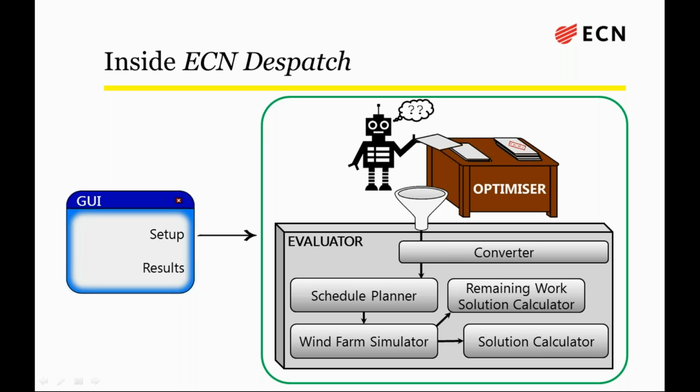And that's what the remaining work calculator does. It looks at the future weather forecast and tries to plan all of the service orders not completed on the first day during that time and estimate how much they would cost. And those things are provided back to the optimizer, as I said. It tries 2,000 or 3,000, and then those results are then put back into the GUI.